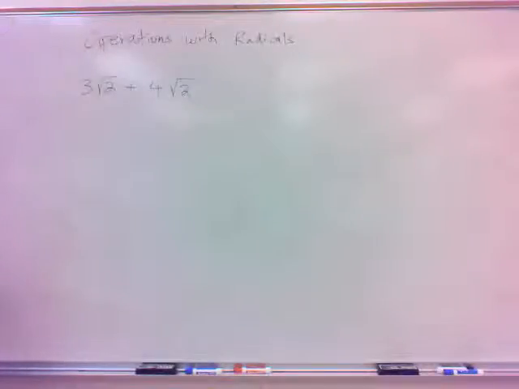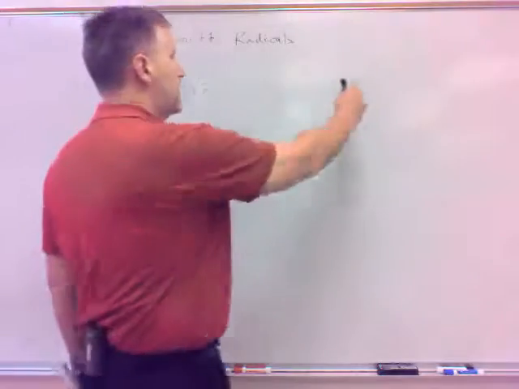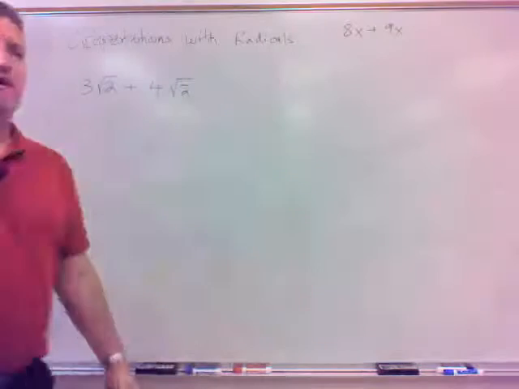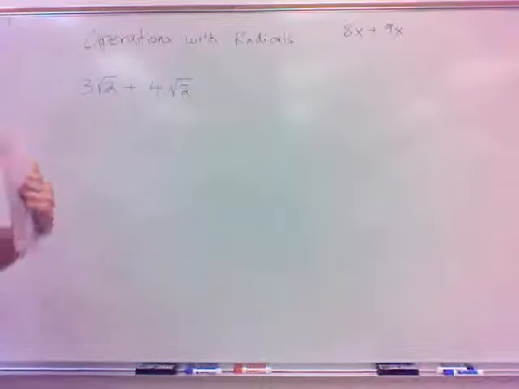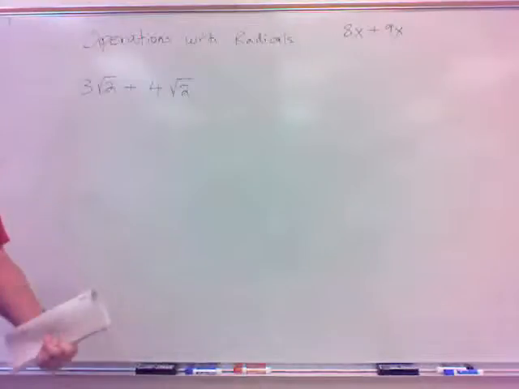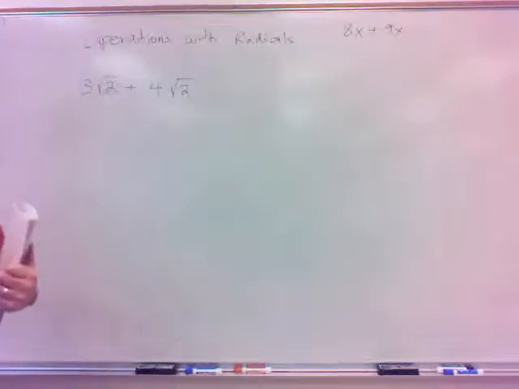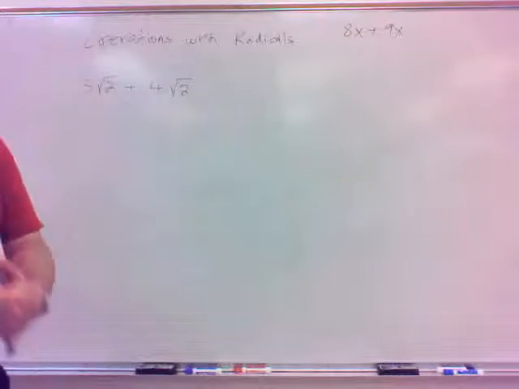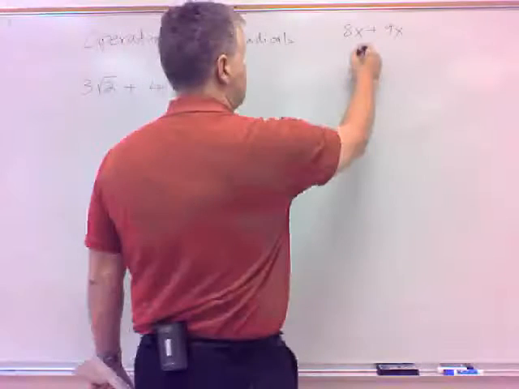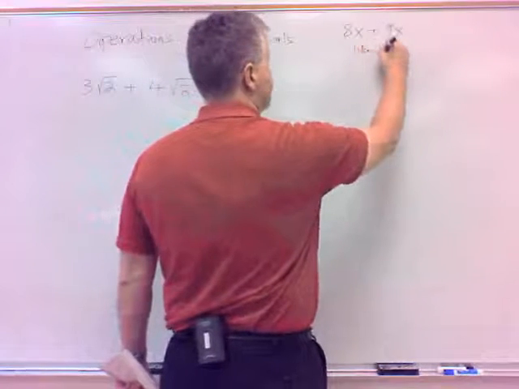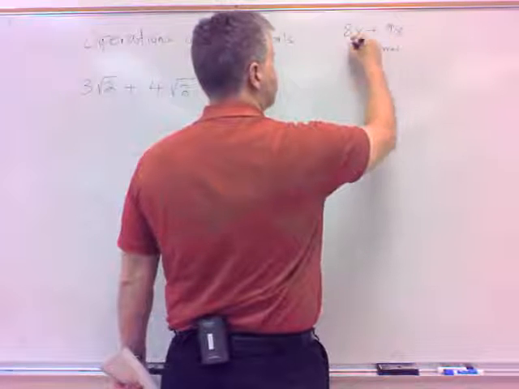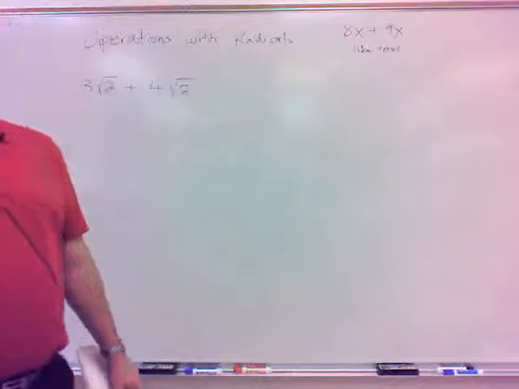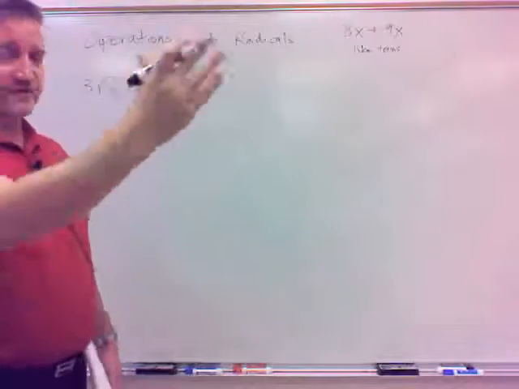If I had 8x plus 9x, I can combine those. And why can I combine those, first of all? They have the same variable with the same power. They're like terms. Meaning they have the same exact variable. X to the first, x to the first.